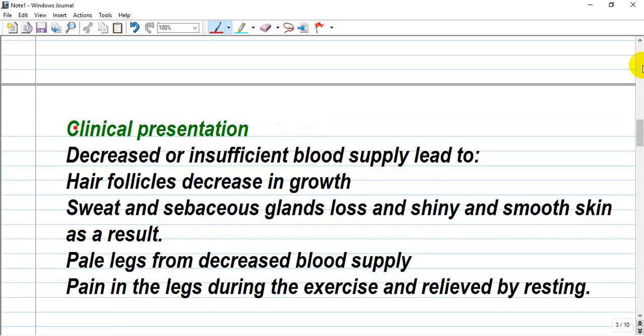Clinical presentation: we have a decreased blood supply to the lower extremities mostly, and to the upper too, because it's called peripheral artery disease.